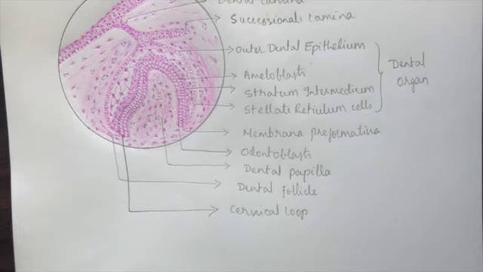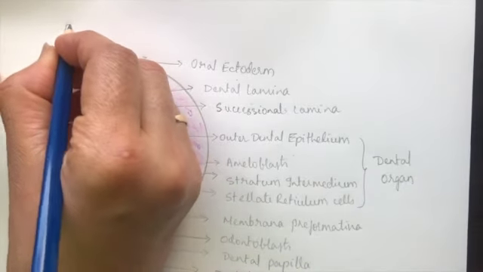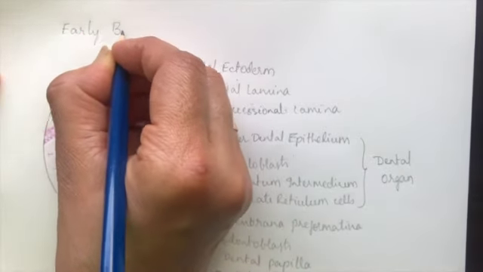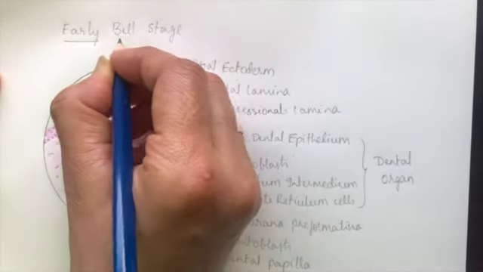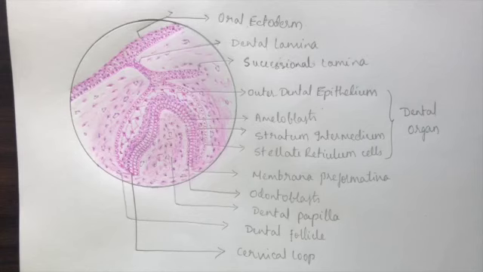So these are the labeling. Early bell stage of tooth development. So this completes the labeling of early bell stage.